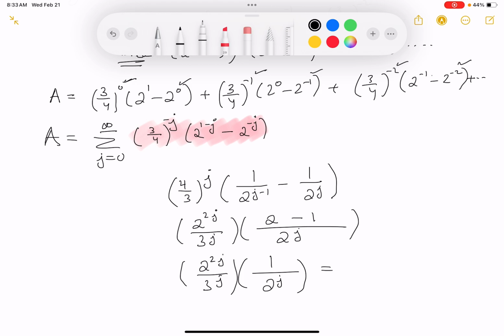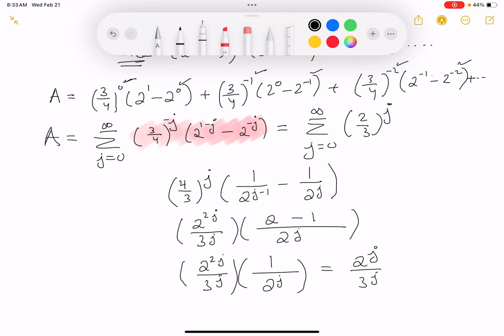I'll tell you why. I'm going to use rules of exponents, and I get 2 to the j over 3 to the j. So this sum turns out to be pretty simple, by the way, and it's going to be the sum from j equals 0 to infinity of 2/3 to the j. All right? So that was a little bit of work, wasn't it? And I'm going to say it looks geometric now.